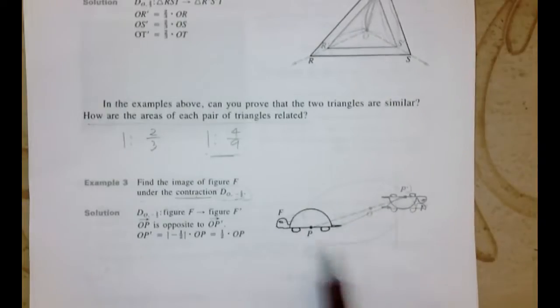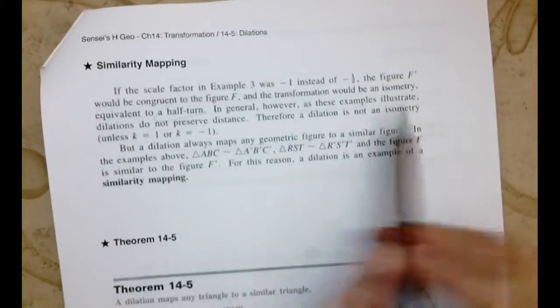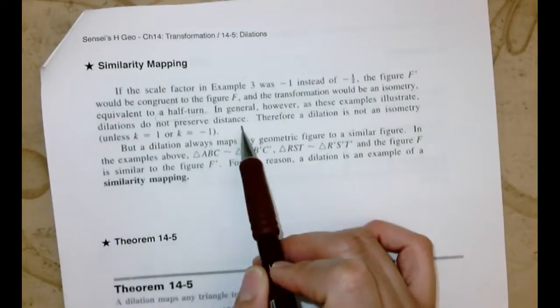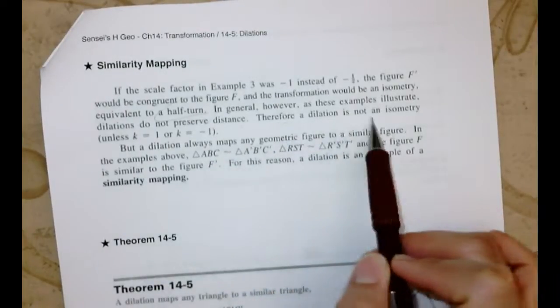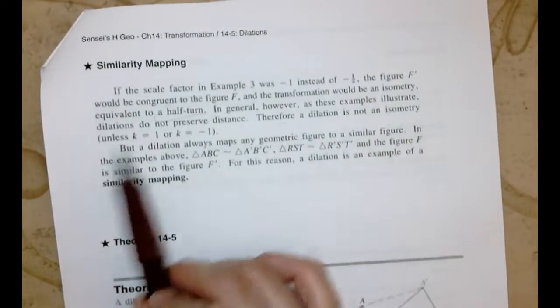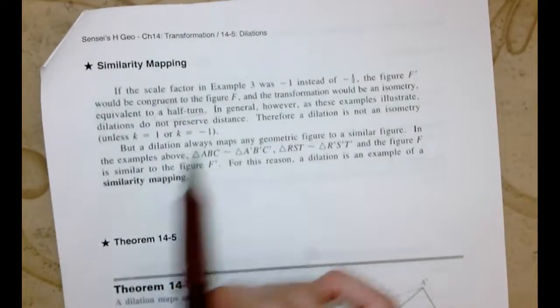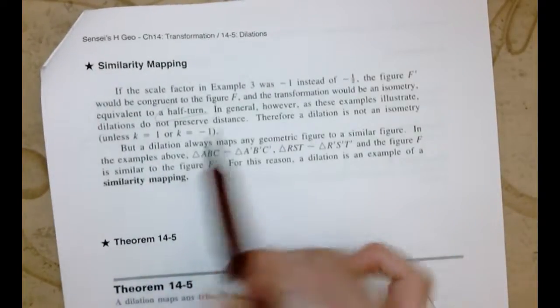Or half turn. That's what it's saying. Okay. In general, however, as these examples illustrate, dilations do not preserve distance. Therefore, the dilation is not an isometry unless k equals 1 or k equals -1.